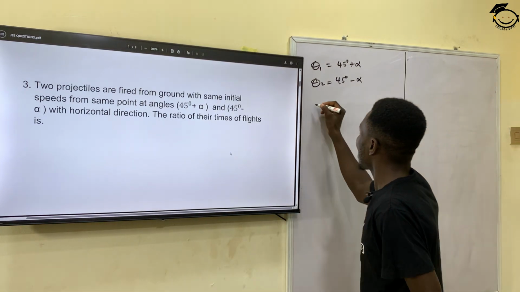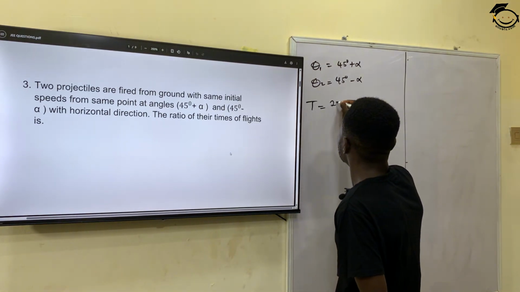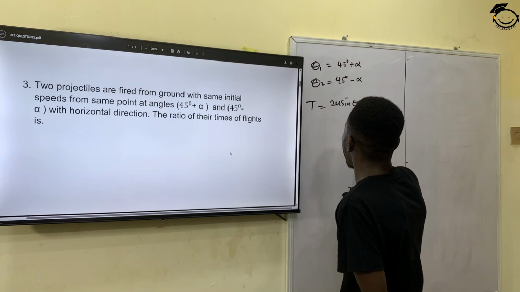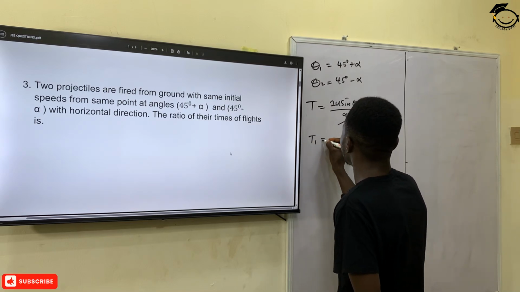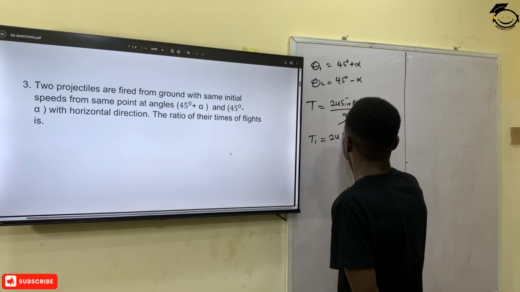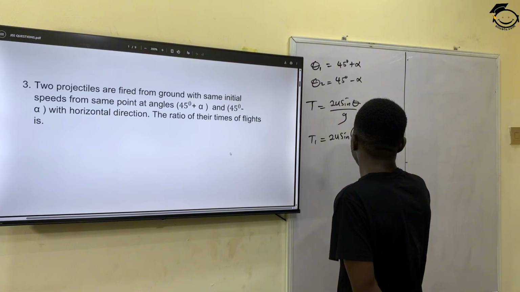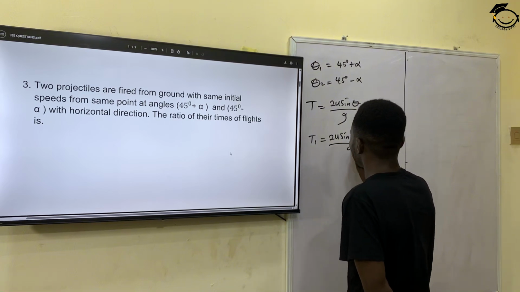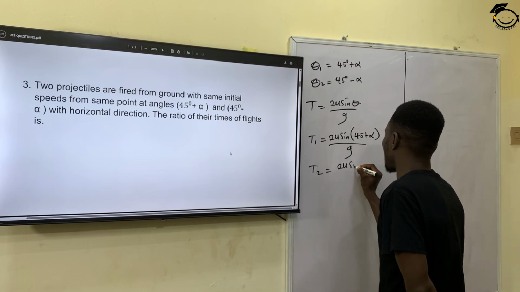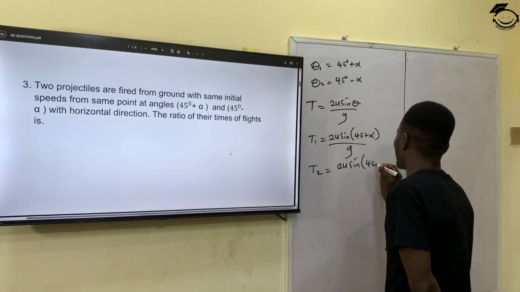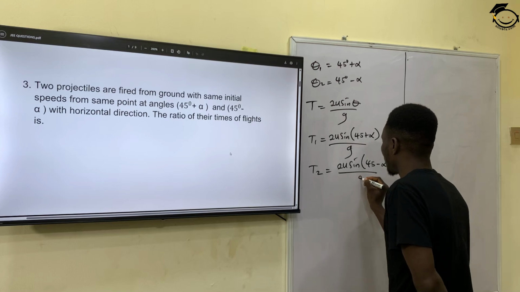So we know that our time of flight is 2u sine theta over g. This is the same as saying that my T1 is equal to 2u sine (45 plus alpha) over g, and my T2 is 2u sine (45 minus alpha) over g.